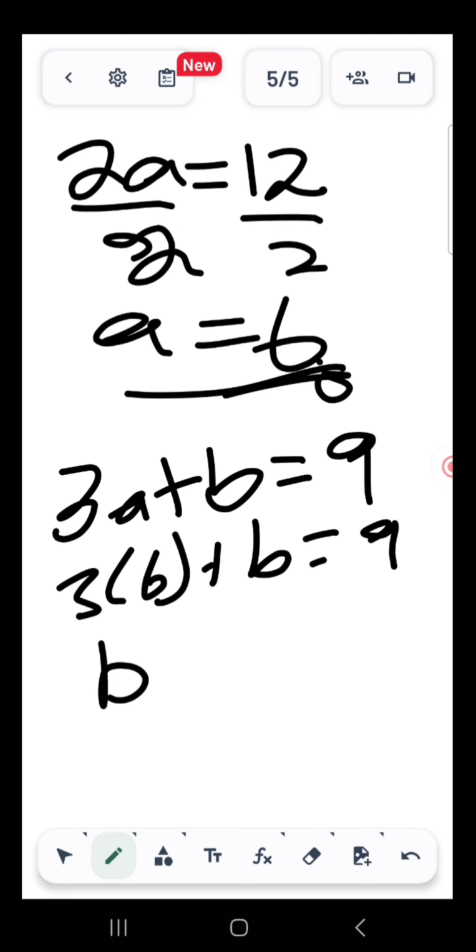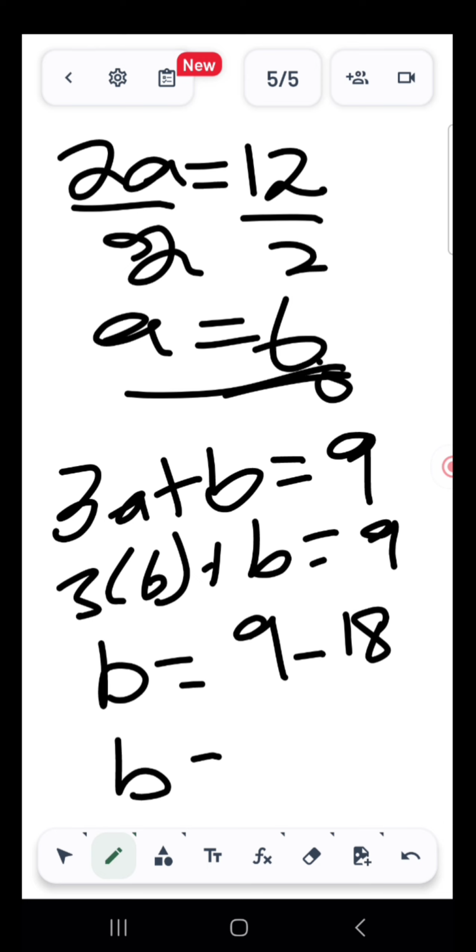We transpose it, and b equals 9 minus 18, so b equals negative 9.